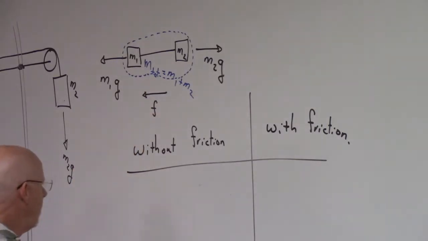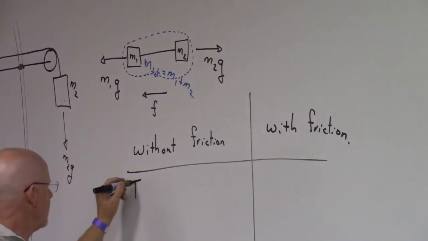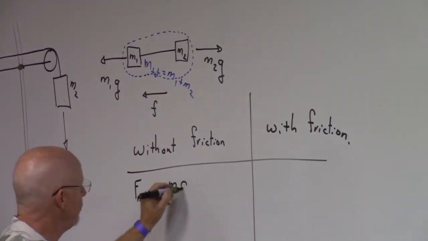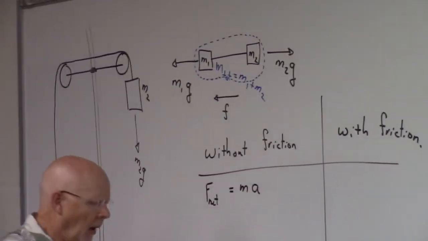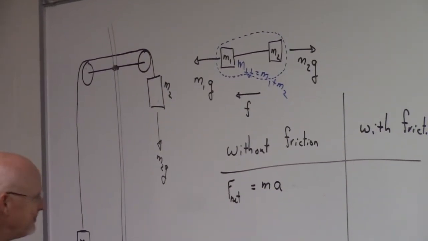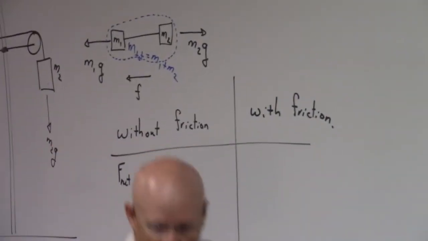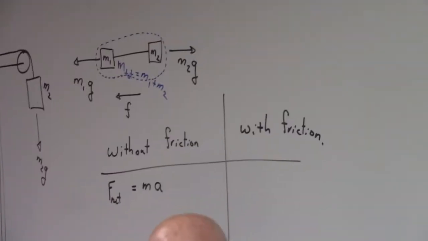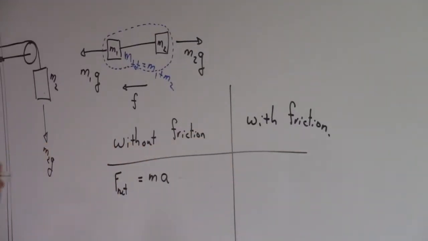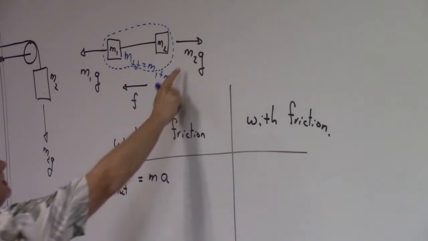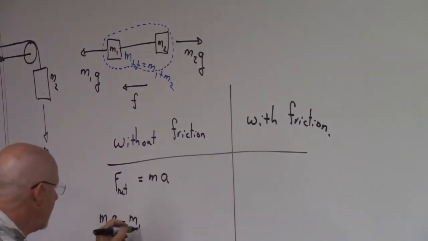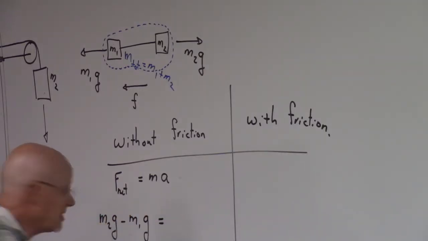And so when somebody says calculate the net force and set it equal to ma, I would do this. I would say M2G minus M1G and stop right there.